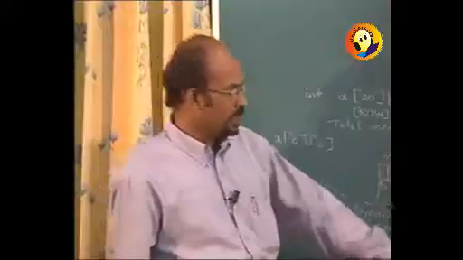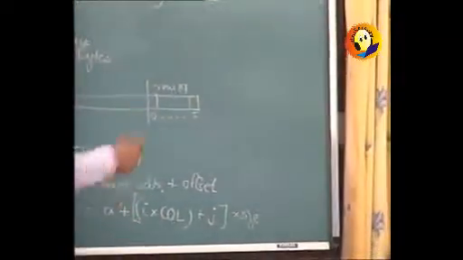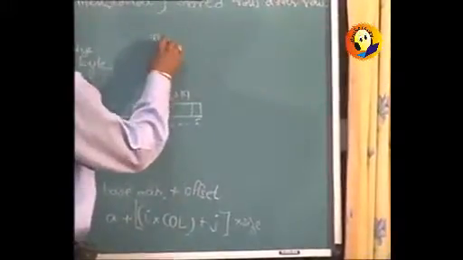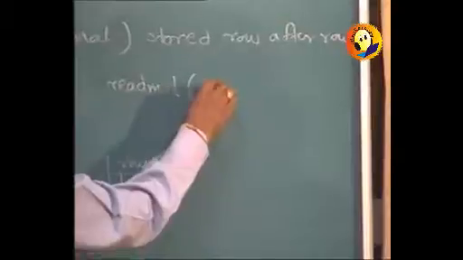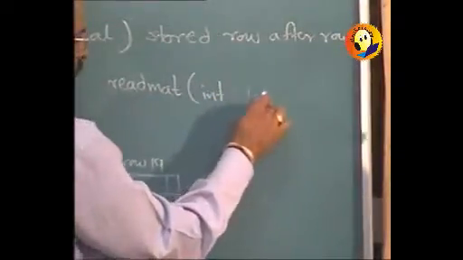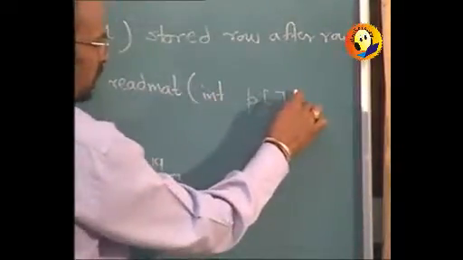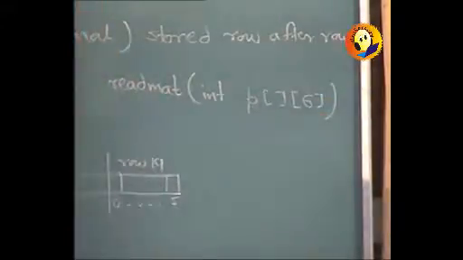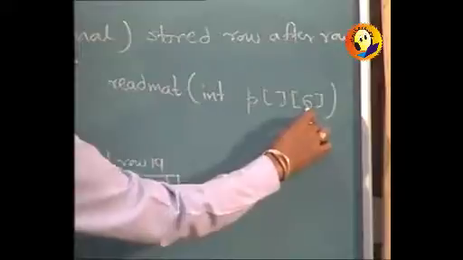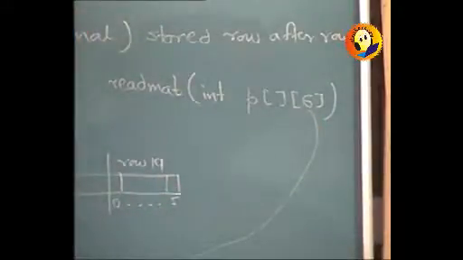And this is one reason, as this calculation contains the number of columns, whenever you write some function, say read mat, to which you are required to pass the matrix, the first position is empty, but the second one should be specified correctly, because this will come into the calculation.